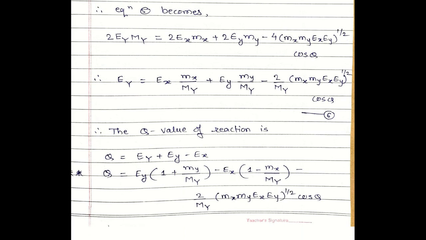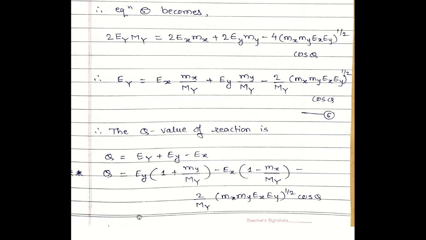Now once we have obtained this expression for kinetic energy of product, we can obtain the expression for Q value of nuclear reaction. Like Q, as we have said, it is the difference between kinetic energy of product minus kinetic energy of reactant. So substituting the expression for Ey that we have obtained here, we will substitute that expression here as it is, and we will get this equation for Q value of a nuclear reaction.